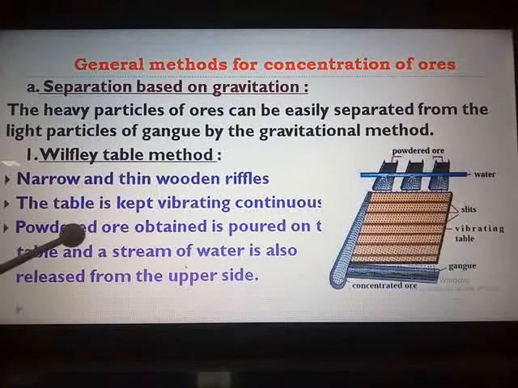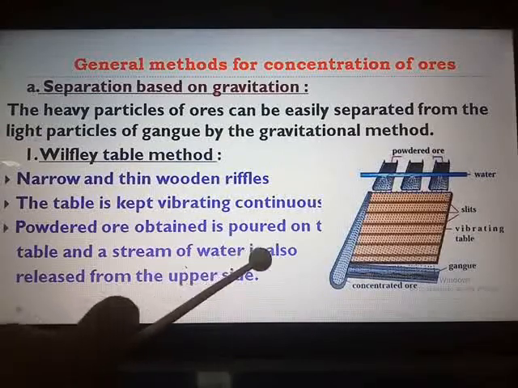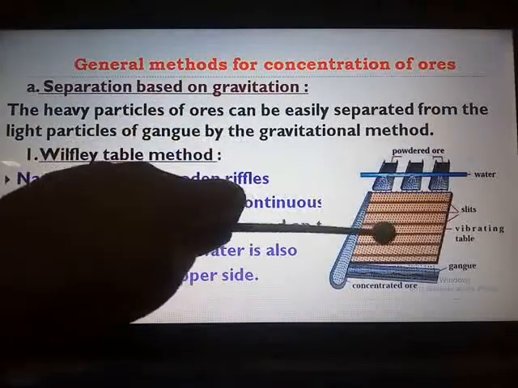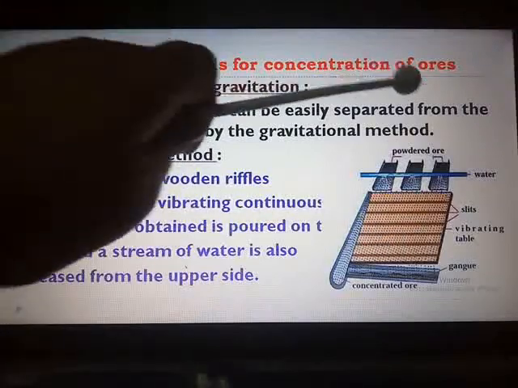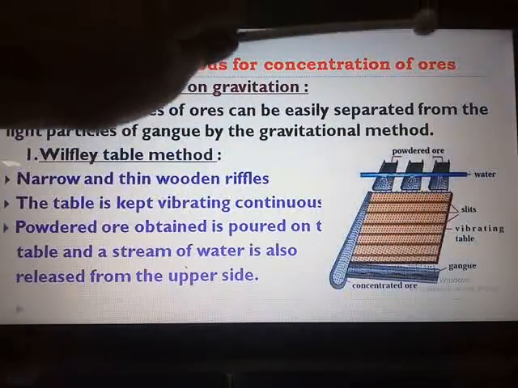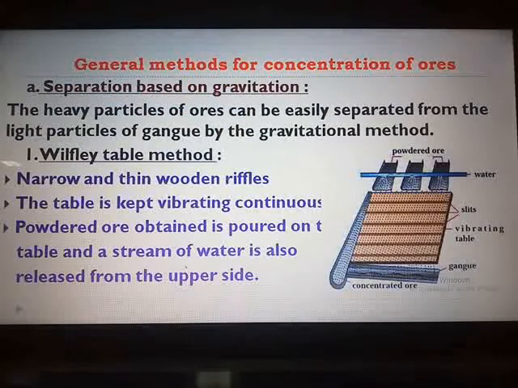The powdered ore, which is obtained from the lumps of the ore by using the ball mill, is poured on the table and a stream of water is also released from the upper side.